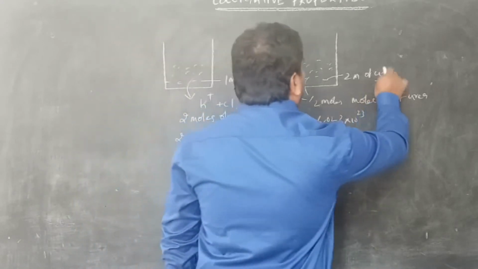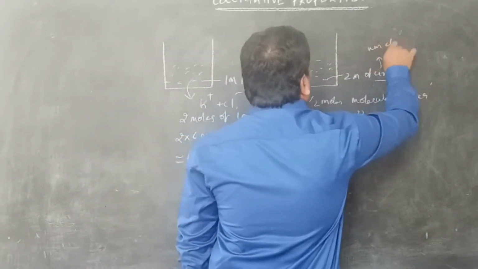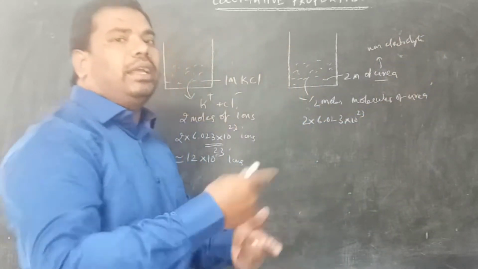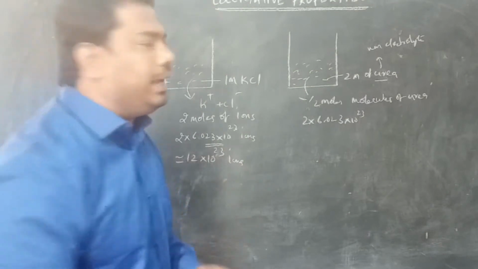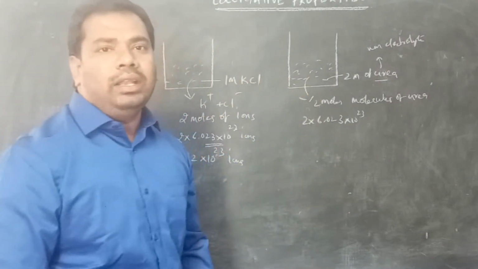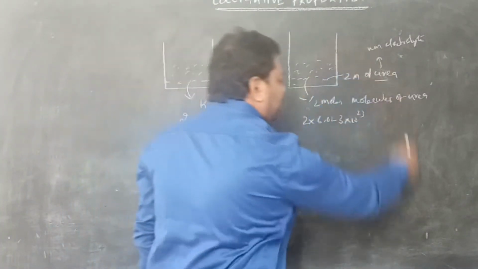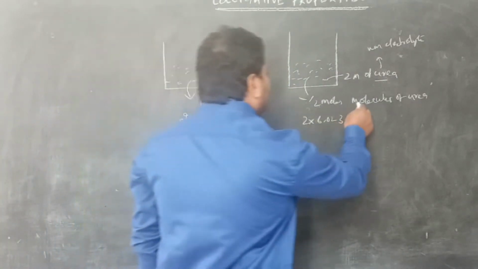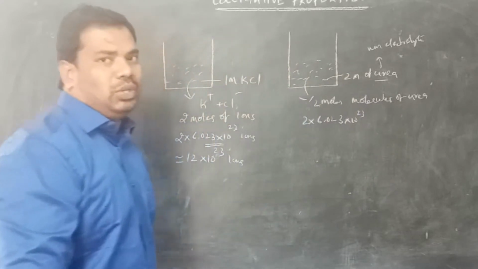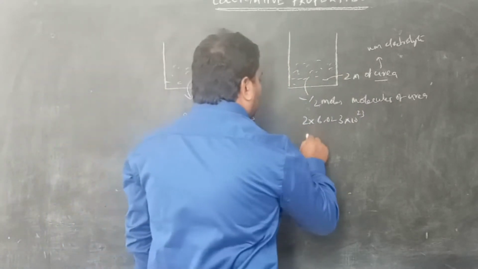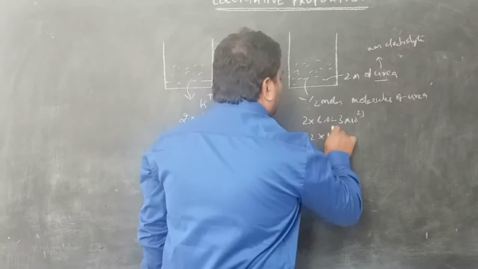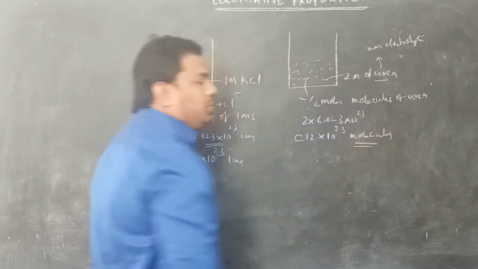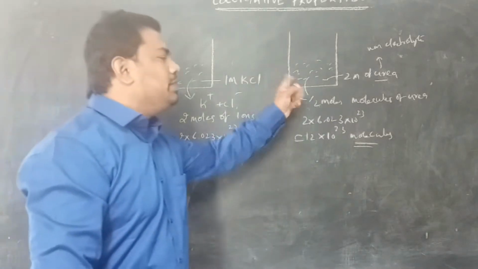Here urea is a non-electrolyte. It cannot dissociate into ions, it is only dissolved in water. So there are no ions present in the solution. That is approximately 12 into 10 to the power of 23 urea molecules present in the solution.